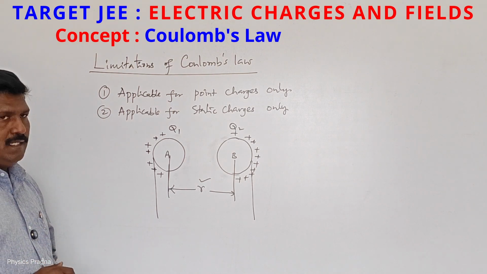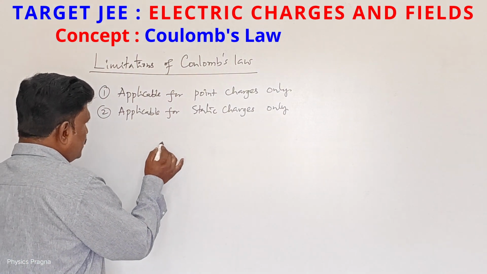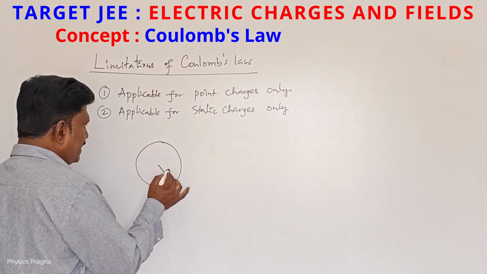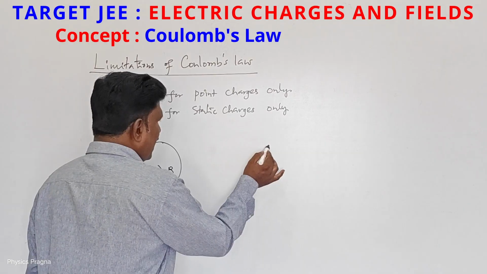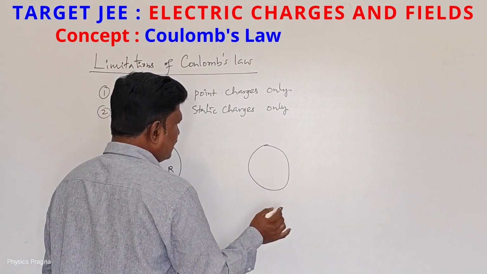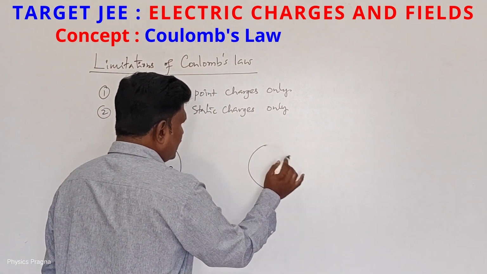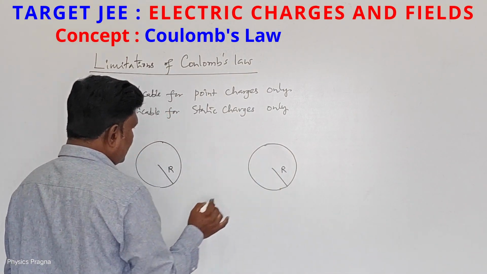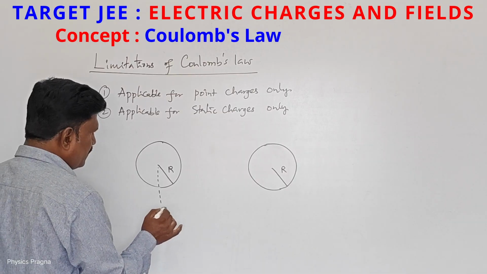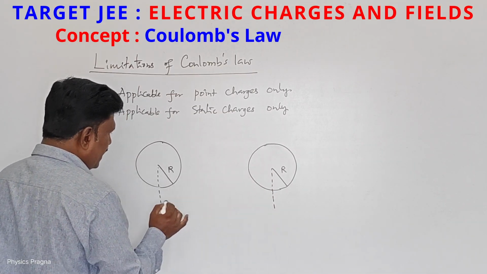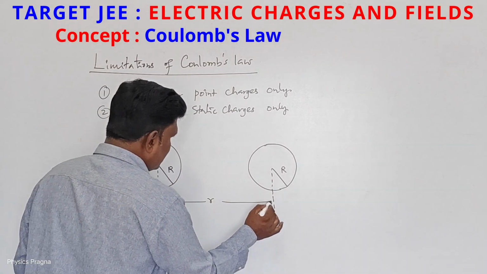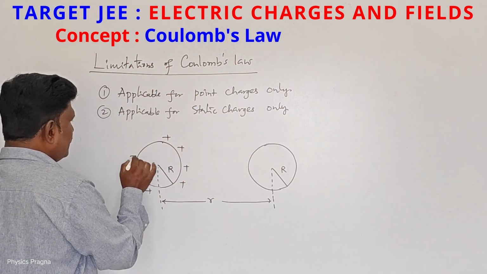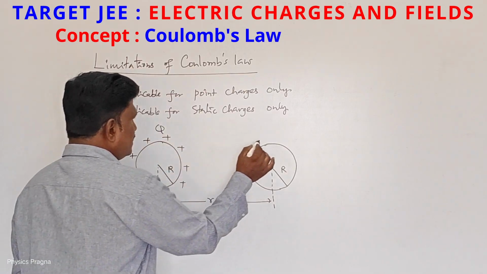How? Let us consider two conducting spheres now. This conducting sphere radius is r and this conducting sphere radius is also r. The distance between them, the center to center distance we have to take, is small r, and they carry charges on them, q charge.